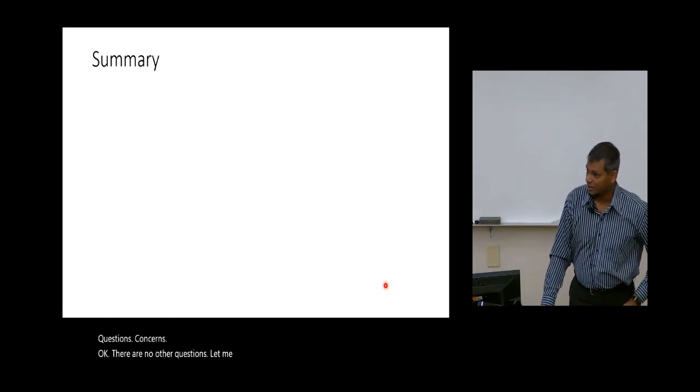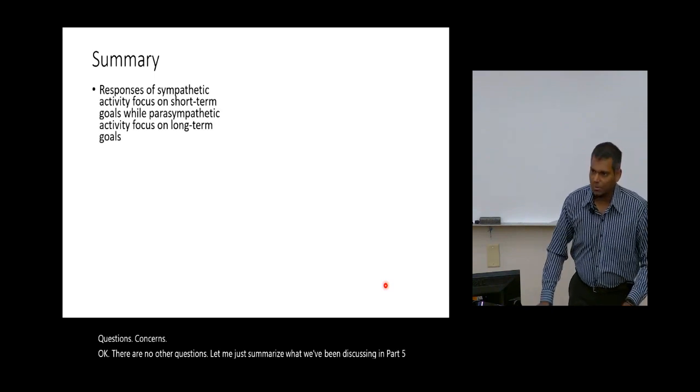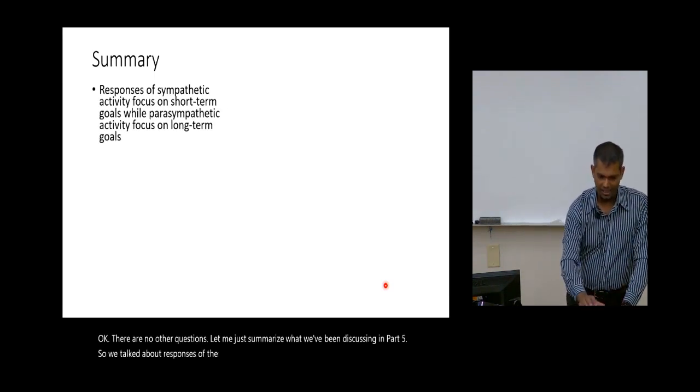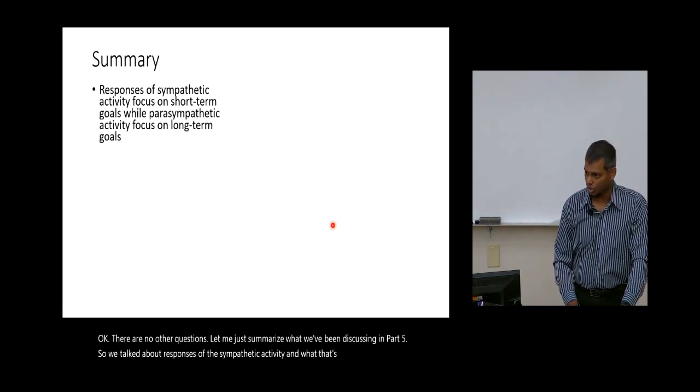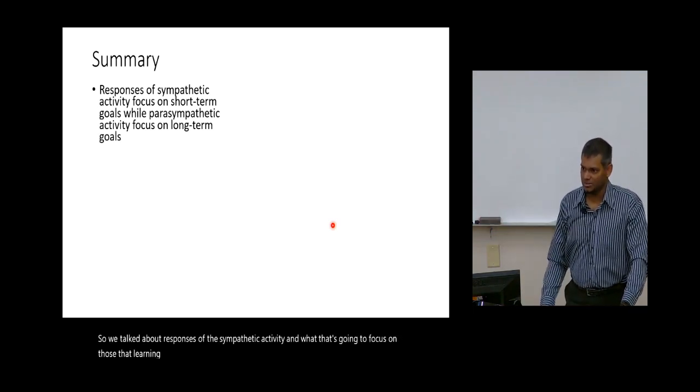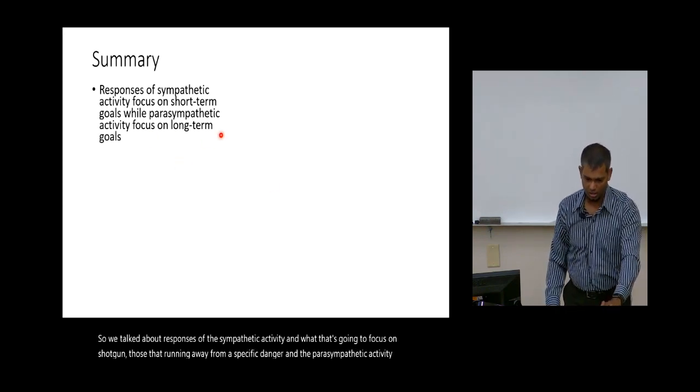Let me just summarize what we've been discussing in part 5. So we talked about responses of the sympathetic activity, and that's going to focus on short-term goals, like running away from a specific danger, and the parasympathetic activity is going to focus on long-term goals. Right?